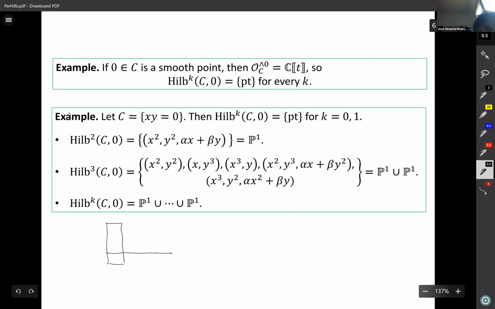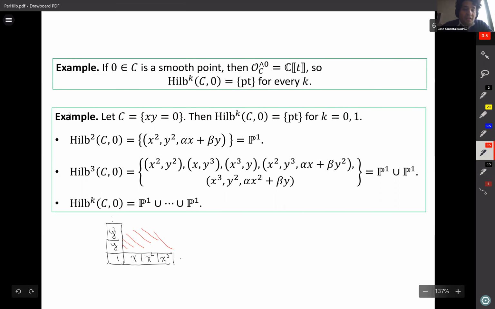So I have 1, x, x squared, x cubed, and so on, y, y squared, and so on. I already modded out by x times y, so I don't have anything in this part.